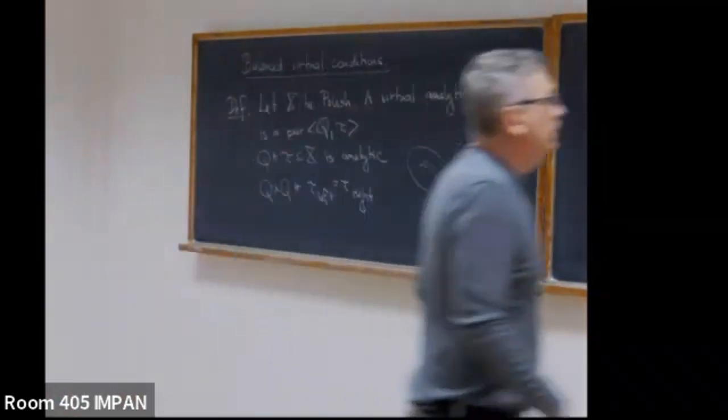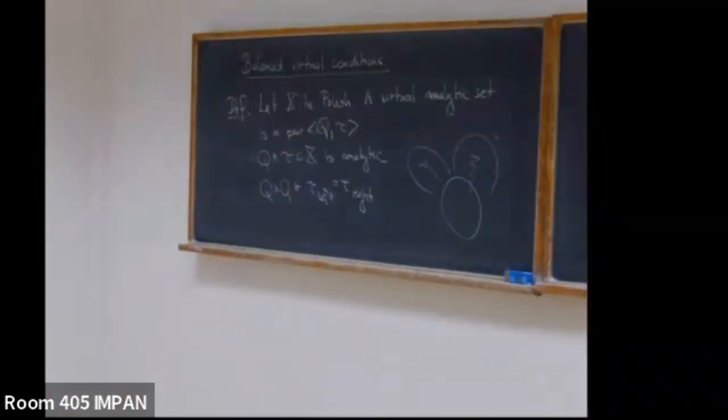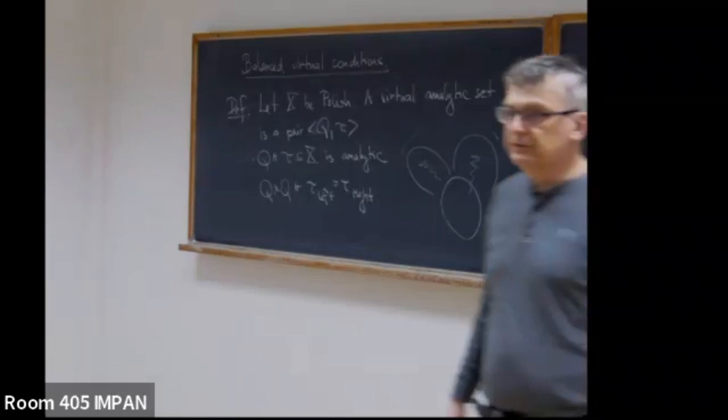Okay, so an example. You look at the forcing of countable maps from R to 2, ordered by extension.